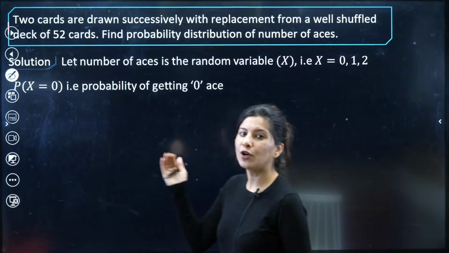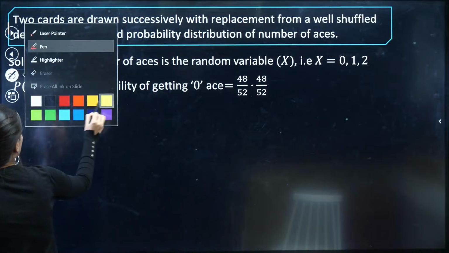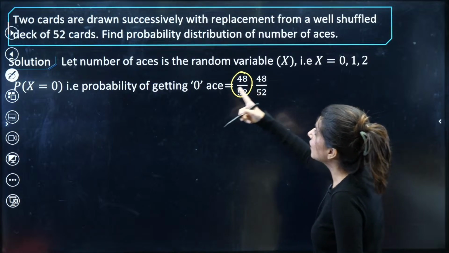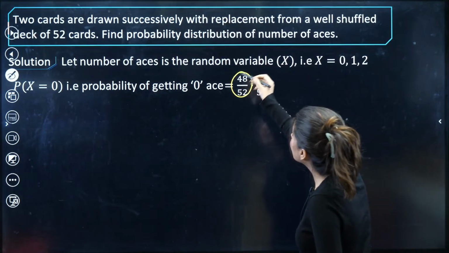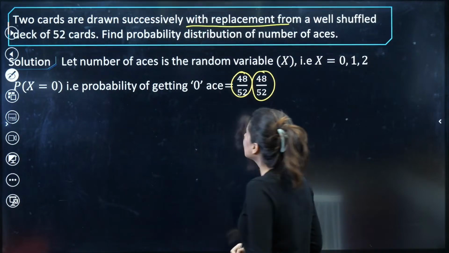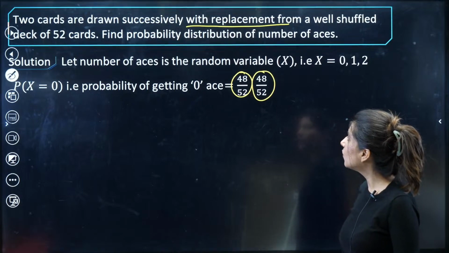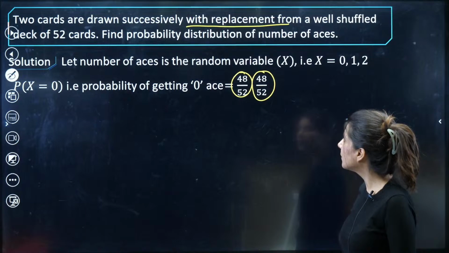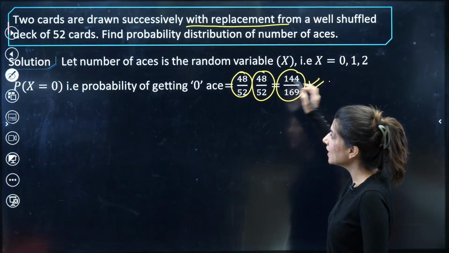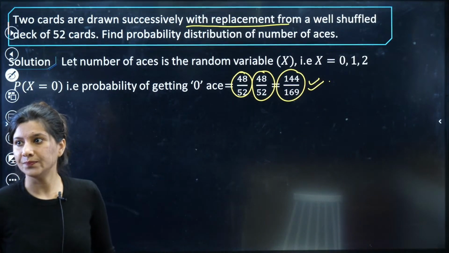So 0 ace means 48 by 52 is the probability, and we are drawing 2 cards with replacement, so again getting another non-ace is 48 by 52. That is 12 by 13, 12 by 13, so 144 by 169 for x equals 0. Now you're getting it?